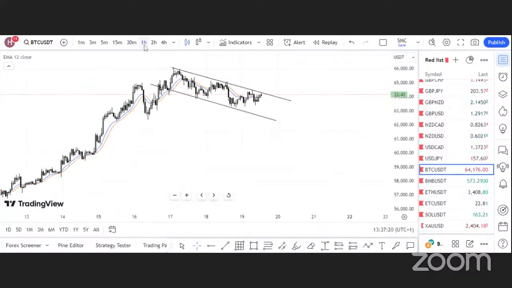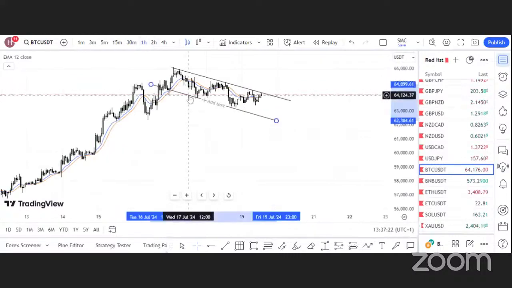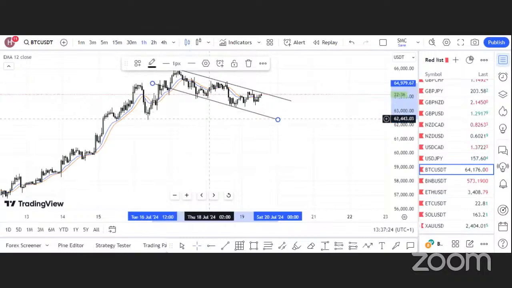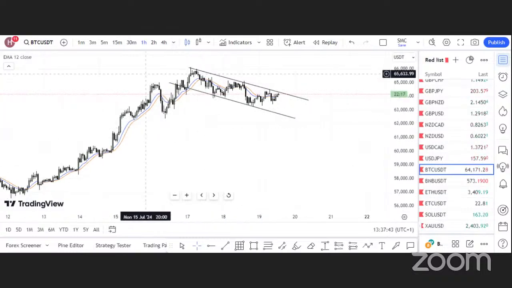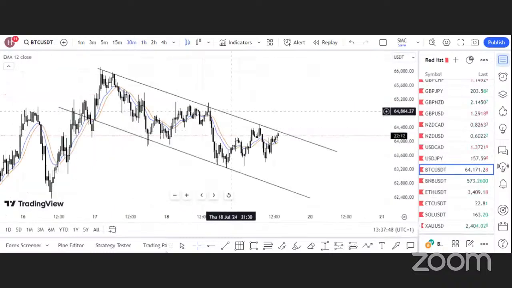So if BTC USDT is buying, Ethereum or any other crypto instruments will also be, even though it's not buying immediately, but it's going to give you that sign that later it is going to be a buying market. It's going to be bullish, right? So let's move down to the 30 minutes time frame.